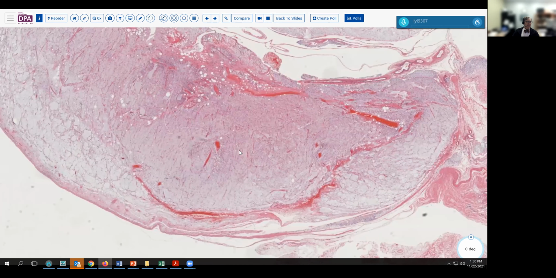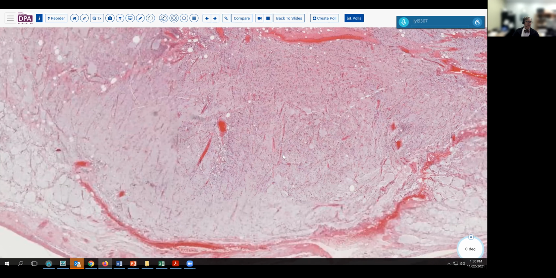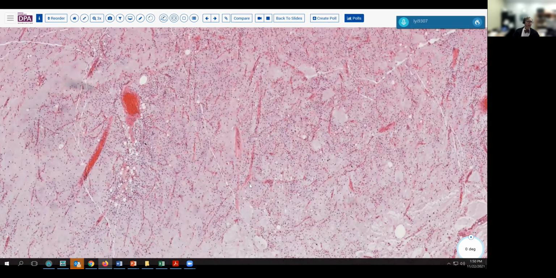And as you can see here, there is this very nice, delicate vasculature along with this tissue. So this would pretty well exclude the diagnosis of intramuscular or soft tissue myxoma because they do not have this characteristic vasculature with the delicate vessels running in between things and occasional arcades and so forth.